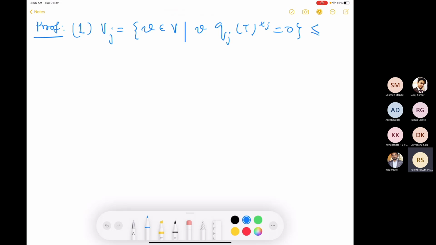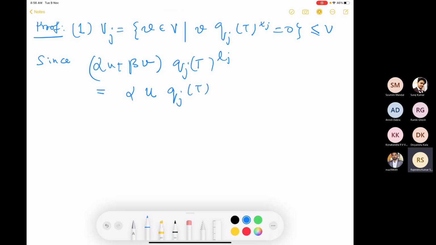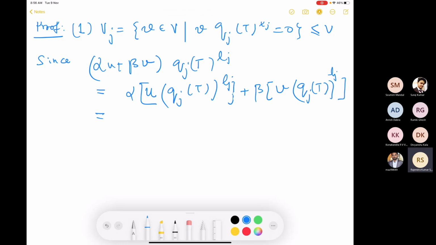Now this is a subspace of V, since for alpha, beta in F and u, v in Vj, (alpha u plus beta v) qj(T) power Lj is the same as alpha u qj(T) power Lj plus beta v qj(T) power Lj. Naturally this is alpha 0 plus beta 0, so this is 0.